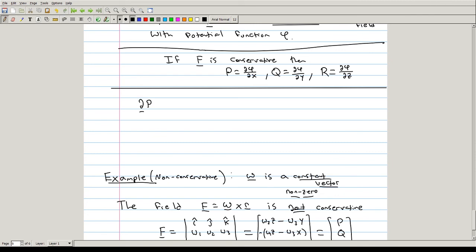We look at dP/dy minus dQ/dx, which for any conservative vector field has to be equal to 0.